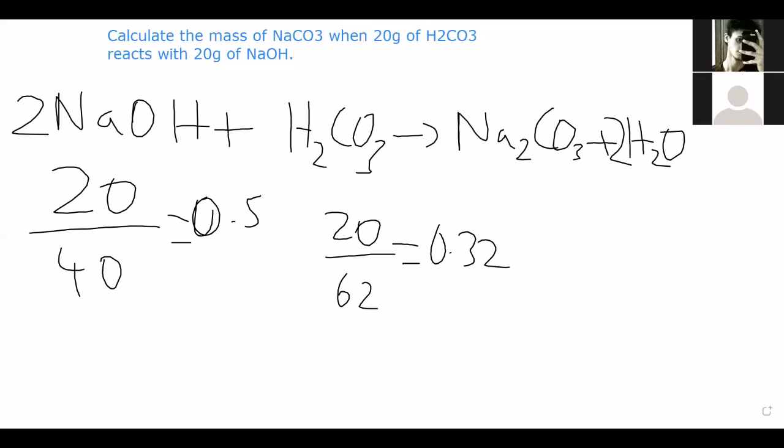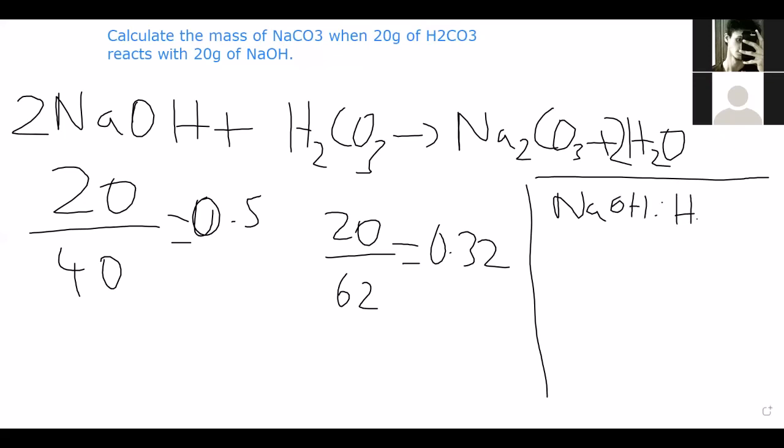Now we'll do the ratio to find the limiting reactant. NaOH is to H2CO3, 2:1, 0.5 is to X, so X is equals to 0.5 upon 2, that is 0.25.